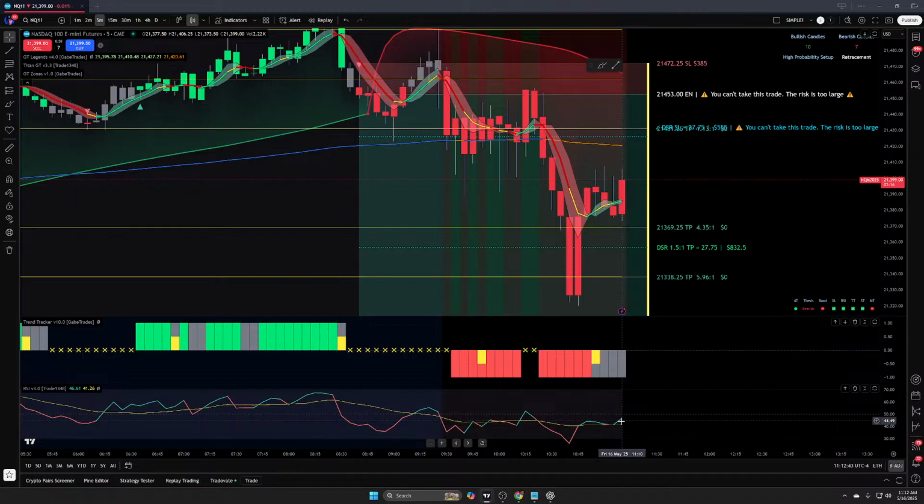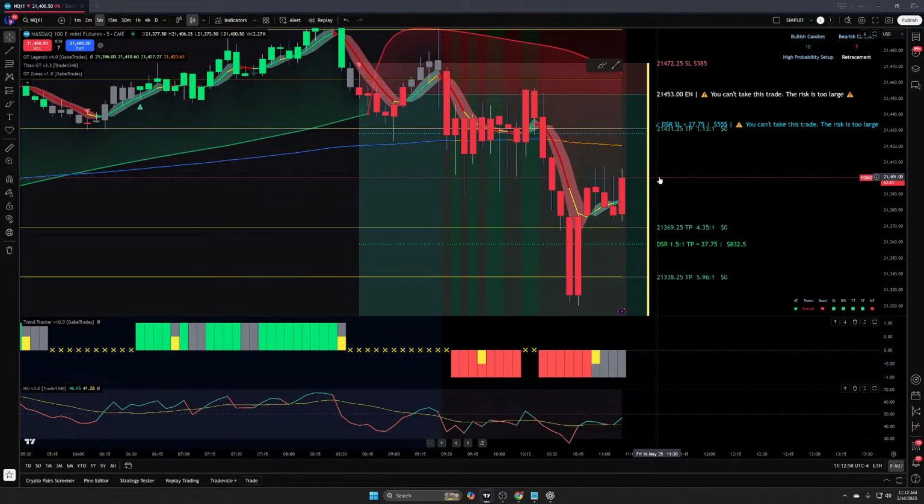Again, we're paying close attention to RSI here. It's at 46.89, 46.61. Not quite there yet. Let's see what happens. 47. It's going on up, right?